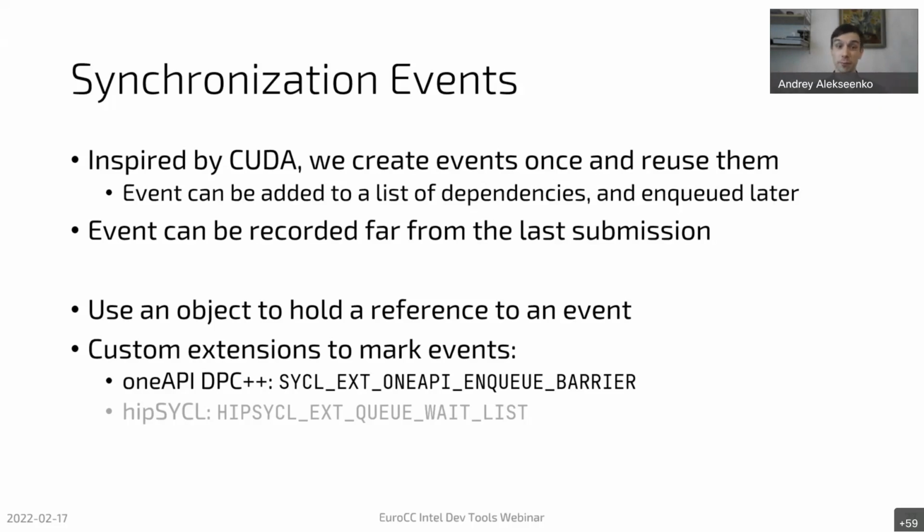So it's not easy. And to resolve it, we had to rely on one API-specific extension that does exactly what the CUDA barrier does. It enqueues a barrier point into a queue that just waits for all previously submitted work. It was not ideal for us because it was not part of SYCL 1.2, and it was not going to be included in SYCL 2020.